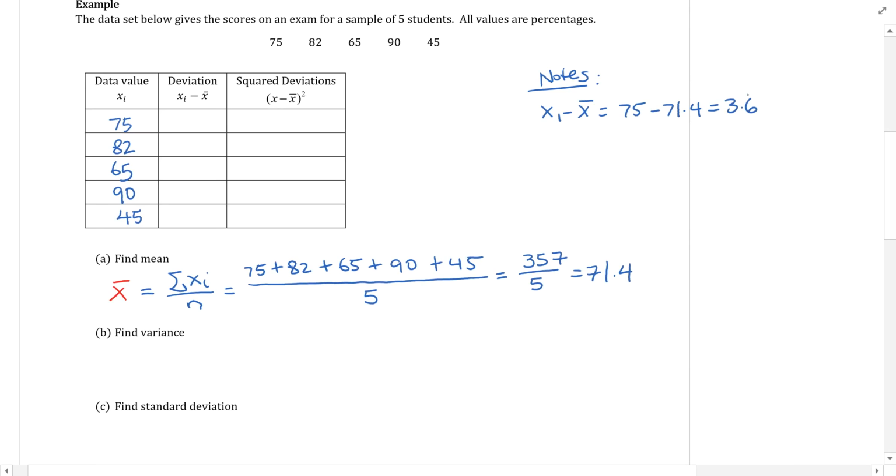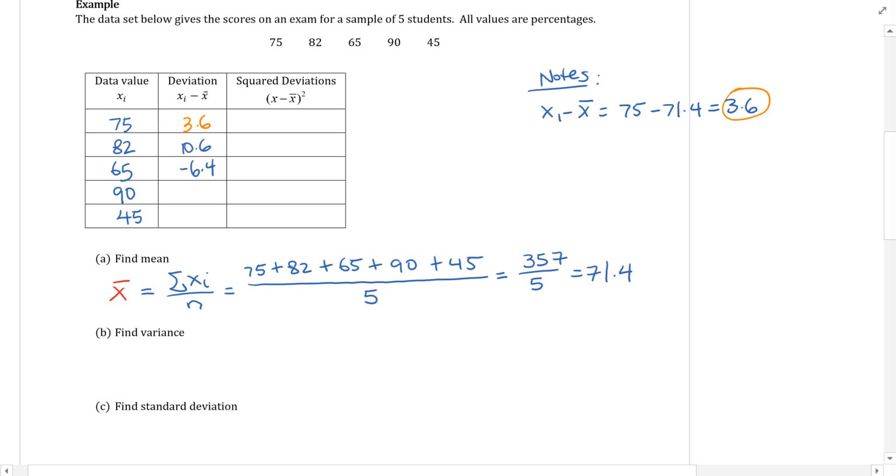Okay, and this is the value here. Let me use a color code so you can see that. So this value comes right here, 3.6, and I'll do the same thing for the rest of them. So I would have 82 minus 71.4, which is 10.6. 65 minus 71.4, I've got negative 6.4.